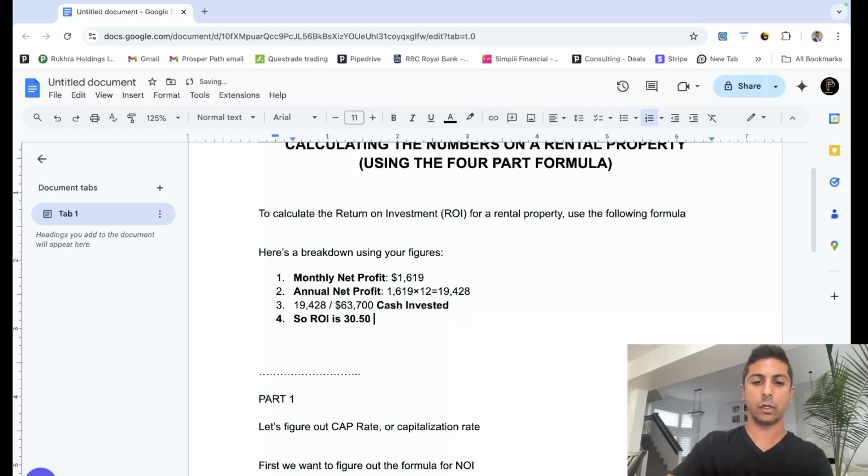It's actually 30.49, but you want to round it off, so it's 30.5. So your ROI, the return on the money that you put into this deal, $63,700, based on making $19,428 of net cash flow a year, is a very good return on your investment.